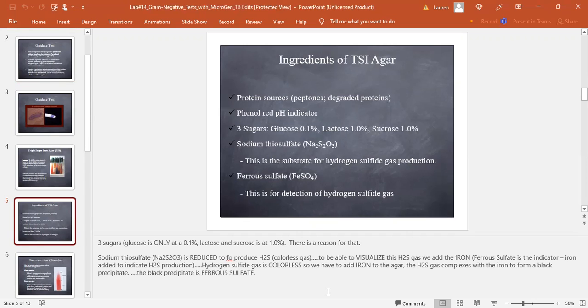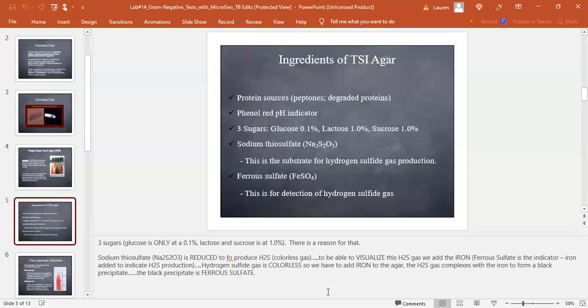I think it has a reductase. The bacteria has an enzyme that reduces sodium thiosulfate, so we need the sodium thiosulfate to be present for that enzyme to work. With that enzyme present, it might reduce the sodium thiosulfate, but there's no way for us to visually see that. So we have to have the ferrous sulfate in there so that it can detect it and form that black color.